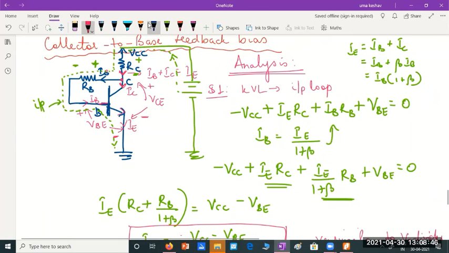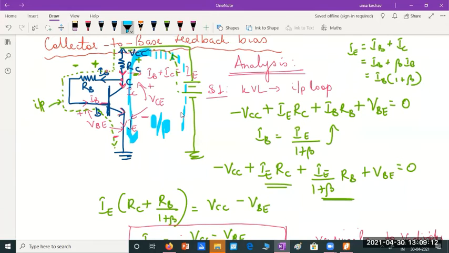Which will be the output loop? Can you tell me which will be the output loop? Starting from this supply, coming through this resistor RC and coming in the output side of the circuit. This is your output loop.